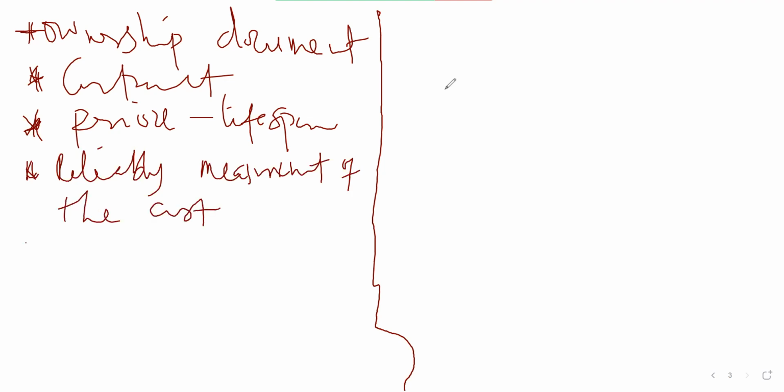Okay. What again? When the future economic benefits associated with the assets will flow to the entity.